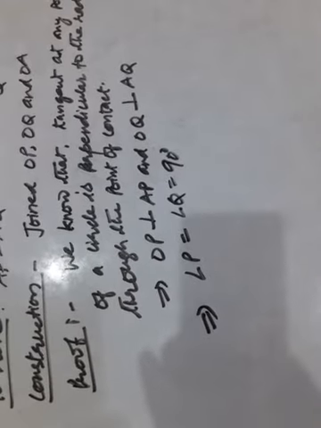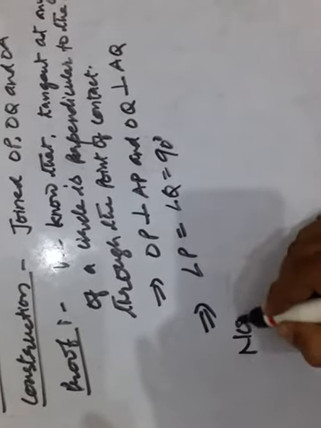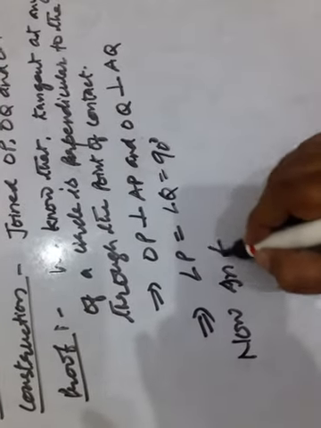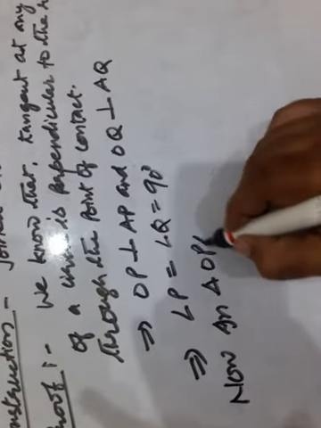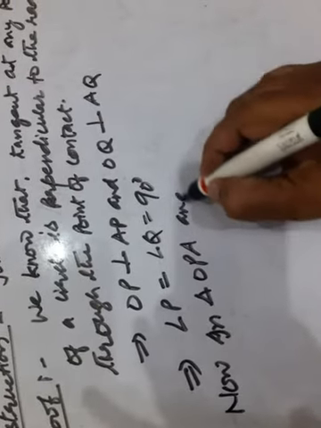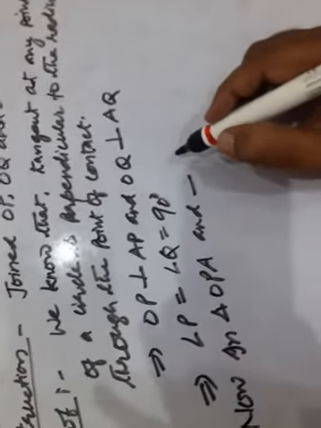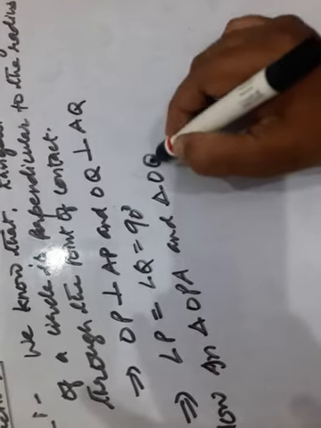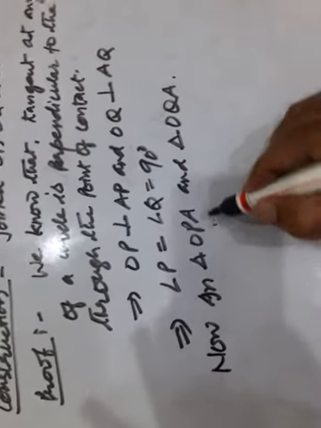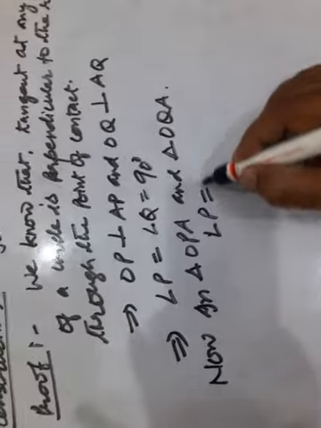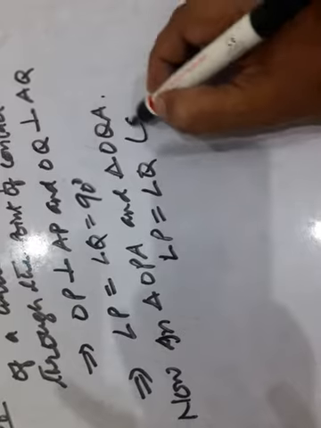Clear, children? Now in triangle OPA and triangle OQA, what do we have, children? Angle P equal to angle Q, that is 90 degrees each.